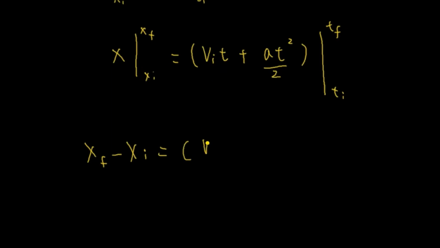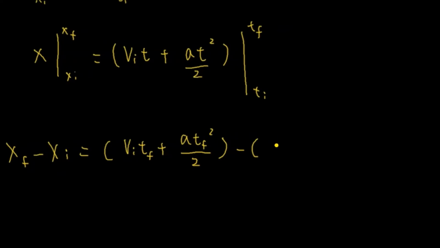So we will start with v initial t plus, okay, t sub f, so plus a times t sub f squared over 2 minus, now we have to put in t initial. So it's v sub i times t initial plus a times t sub i squared over 2.